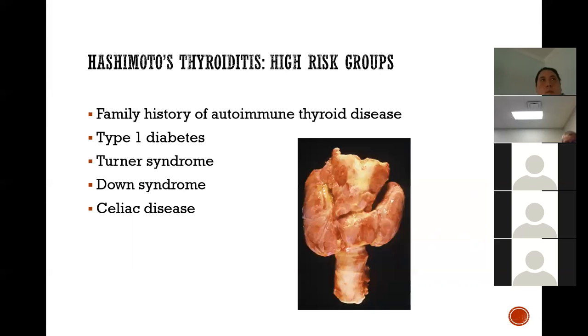In fact, I had several patients recently with type 1 develop Hashimoto's disease. So if you have those kinds of people in your practice, do watch for it. I see a lot of children with Down syndrome, and I'd say about half of them who have true thyroid disease have autoimmune thyroid disease, and that can be either Hashimoto's or Graves'. So, any questions about these high-risk groups?